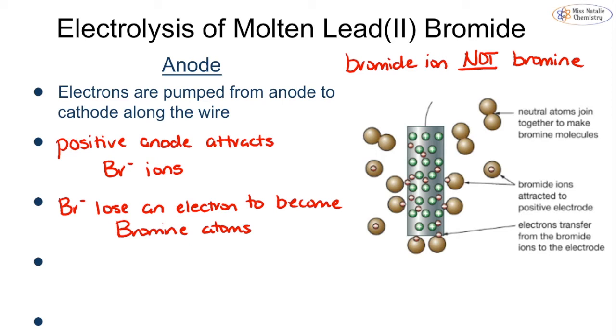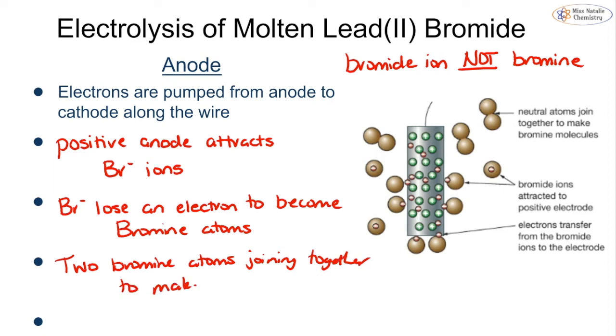And we're forming these bromine atoms. And then we get 2 bromine atoms joining together to make Br2, because remember, bromine is diatomic, so we want to make Br2.